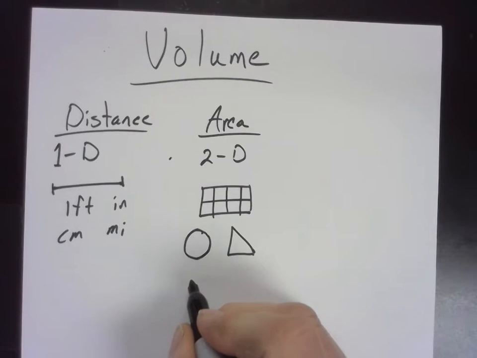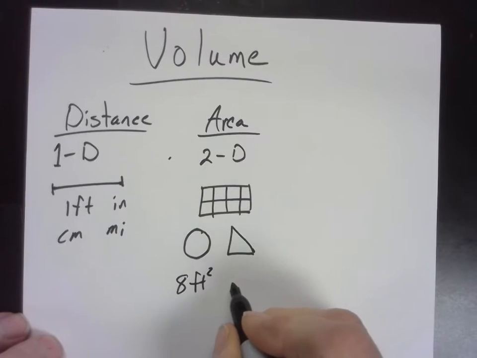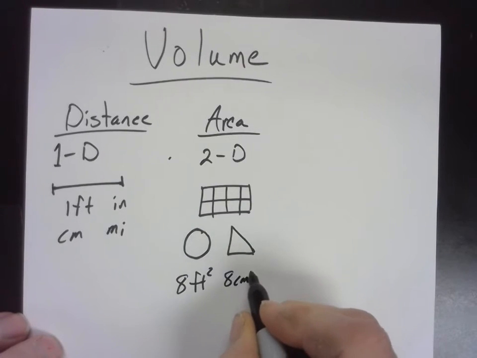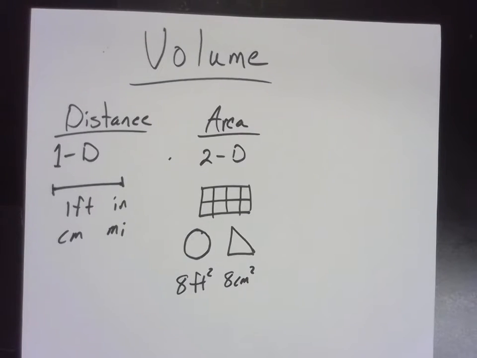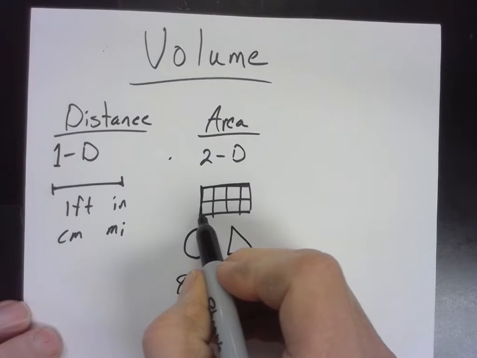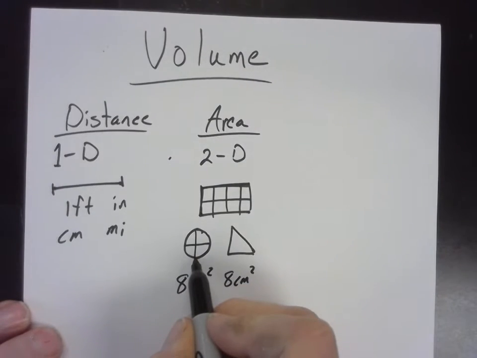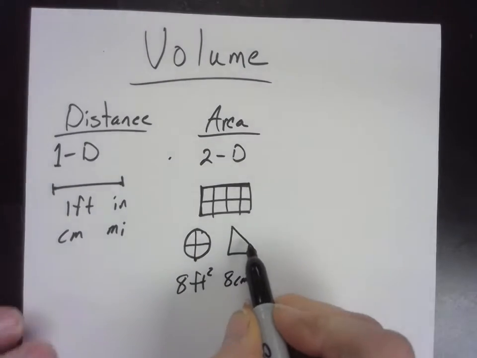So in this case, we have 8 square feet, for example, or 8 square centimeters, or whatever units we happen to be talking about. And it's two-dimensional. It has length and it has width. Even a circle has 2 dimensions, doesn't it? 2 directions on it. Same thing with the triangle and all that.